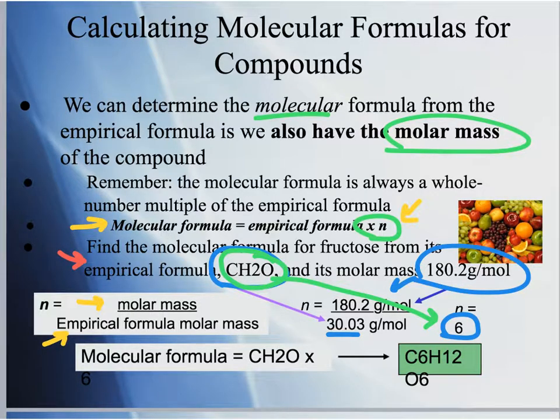So the molecular formula, if we multiply everything by 6, would be C6, H2 turns into 2 times 6 is 12, and then oxygen, 1 times 6 is 6. So C6H12O6 is the molecular formula for fructose, knowing our empirical formula and molar mass.